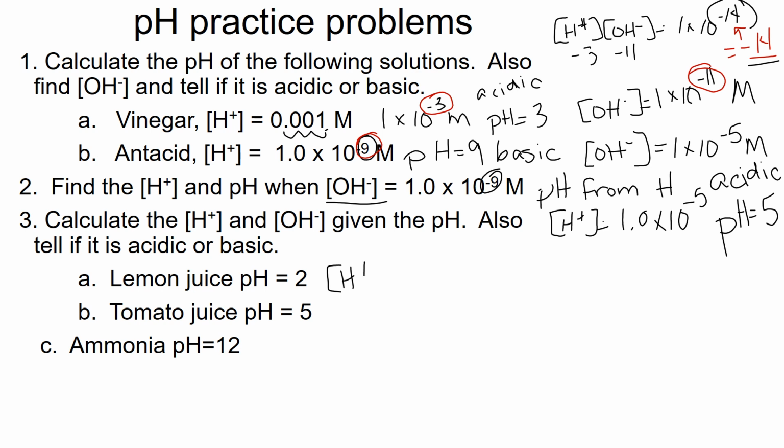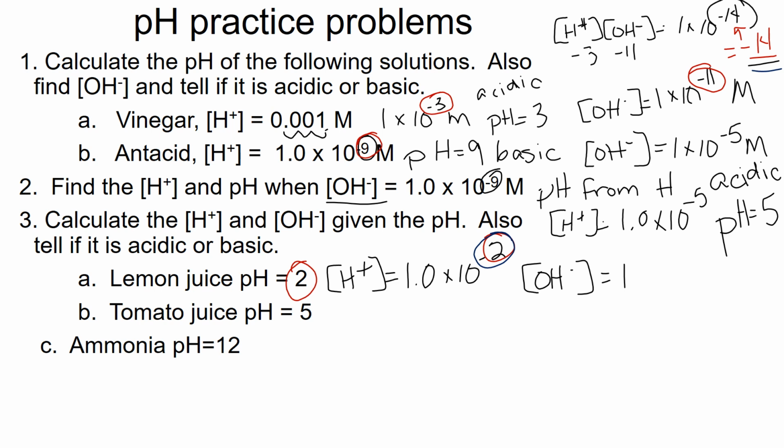So we know our H plus is equal to 1.0 times 10 to the minus 2. Remember, because the pH equals the exponent. So we know our H. We can also find our OH, because here, let me go with a different color, the 2 plus whatever number is on the OH is going to add to the minus 14.